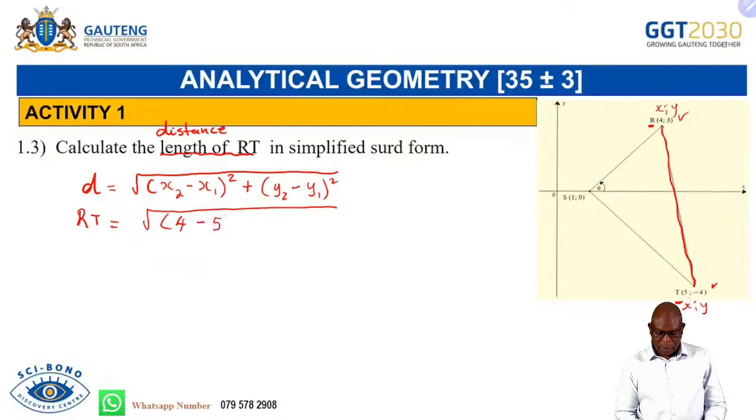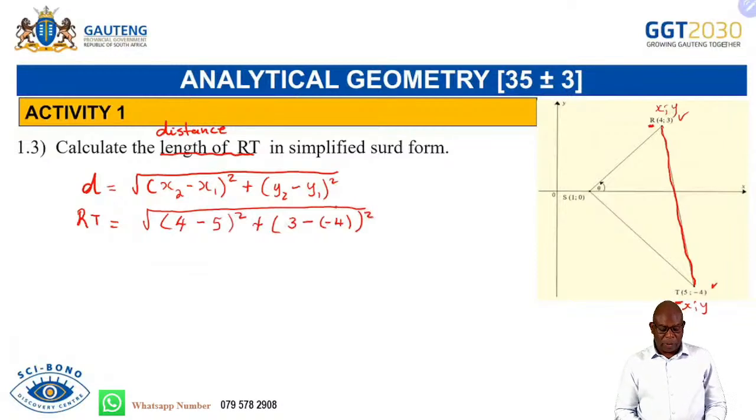So it's (4 minus 5) squared, plus y at R, it's 3, and then y at T, it's going to be negative 4. So I'm going to write a negative and a negative 4, then I close the bracket. And that should be squared.